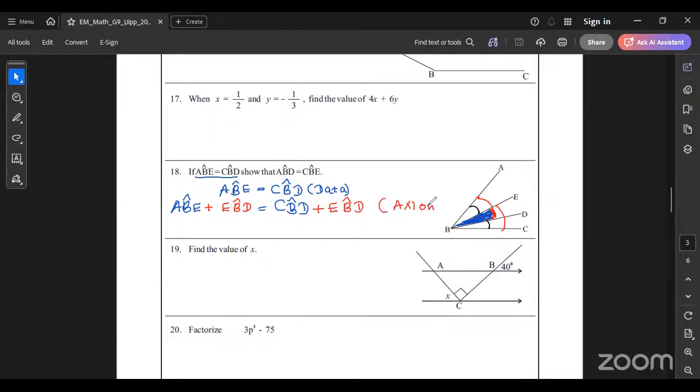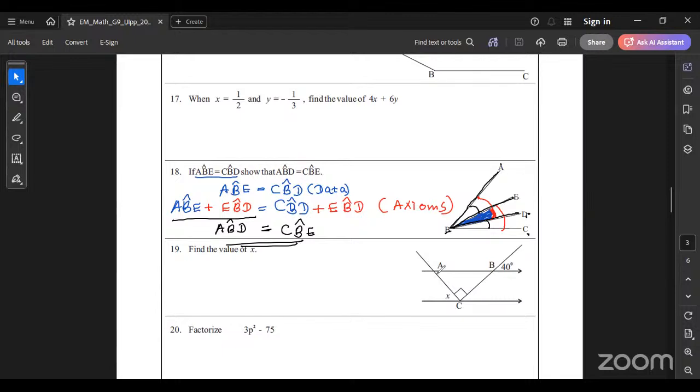Look at ABE plus EBD: ABE is the angle with the black line, and if you add EBD together, it creates the angle ABD. And CBD plus EBD gives CBE.